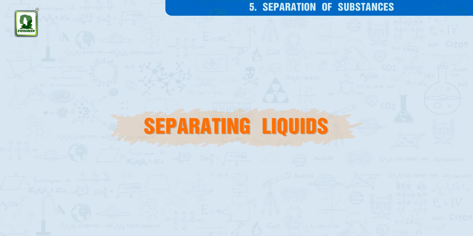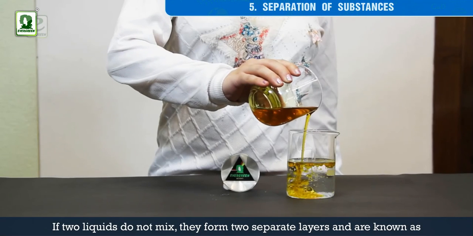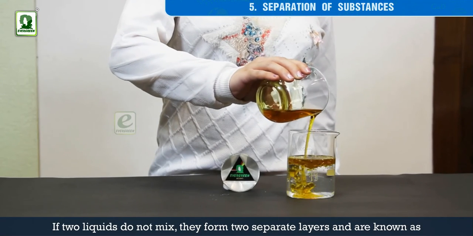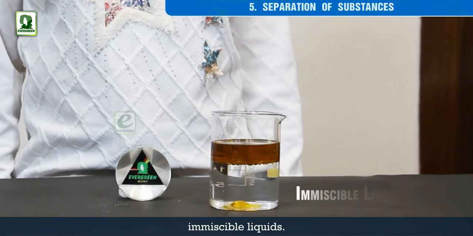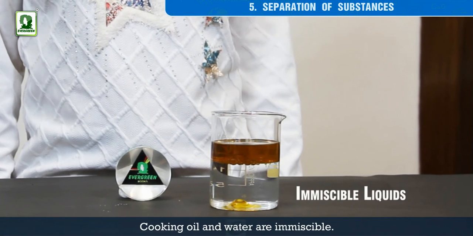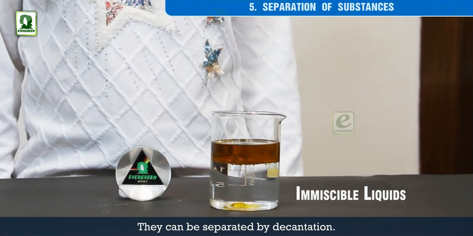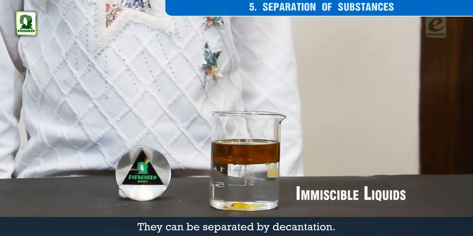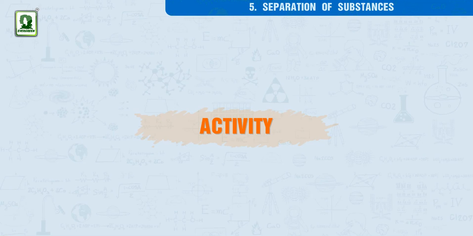Separating liquids. If two liquids do not mix, they form two separate layers and are known as immiscible liquids. Cooking oil and water are immiscible. They can be separated by decantation. Activity.